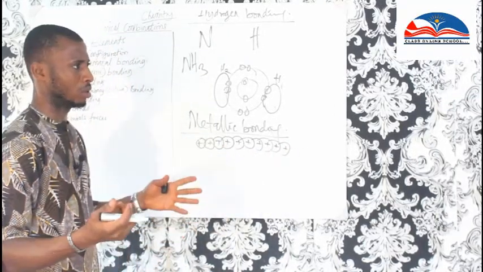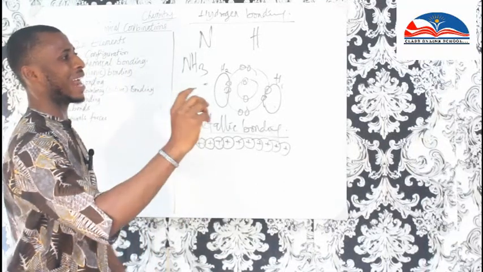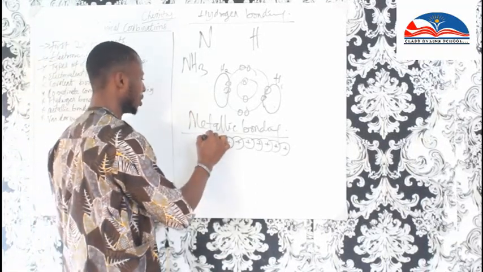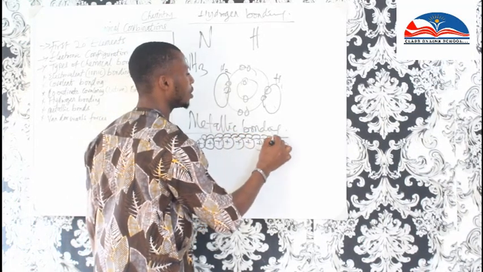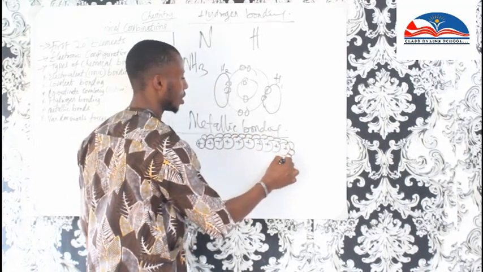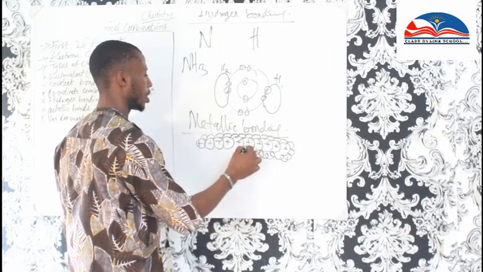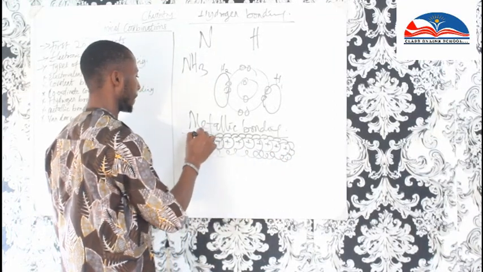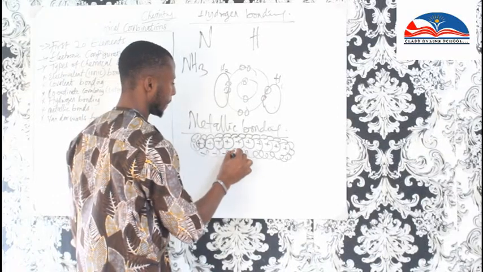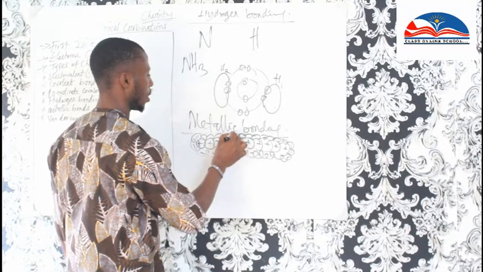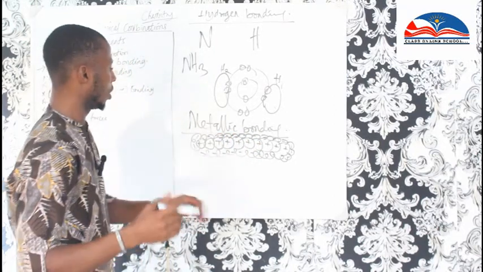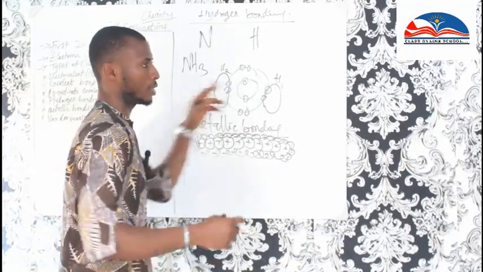You have protons. Now, there is an electron that is moving around its sides. Remember, I told you electron is negatively charged. The electron is moving around its sides.